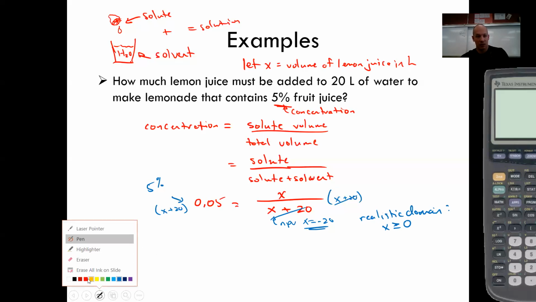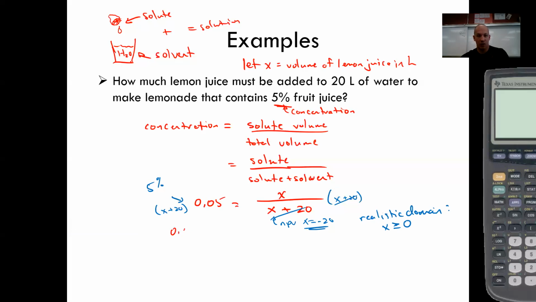Okay, so once we've done this, we now have 0.05 times X plus 20 equals X. We go ahead and distribute into the brackets, 0.05 times X. And then what's 20 times 0.05? Isn't that just equal to 1? Okay, we'll get all the X terms on the other side, so we'll subtract this here.